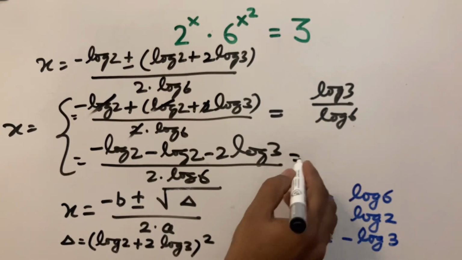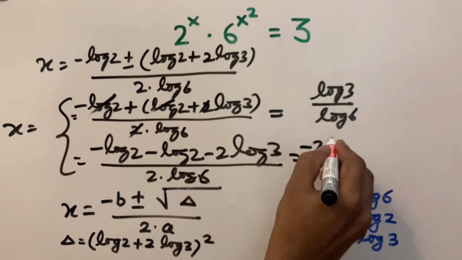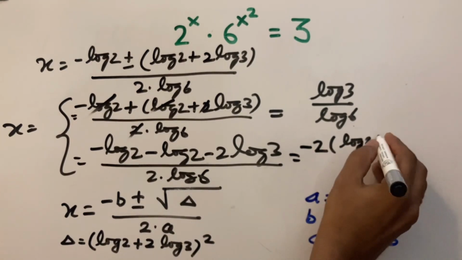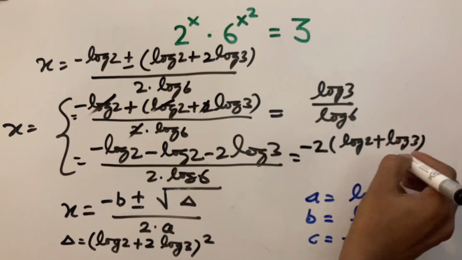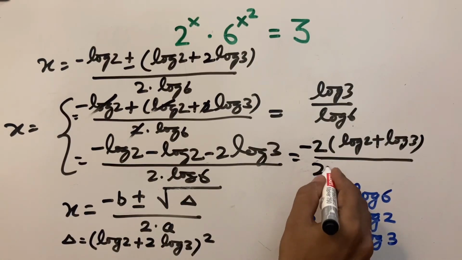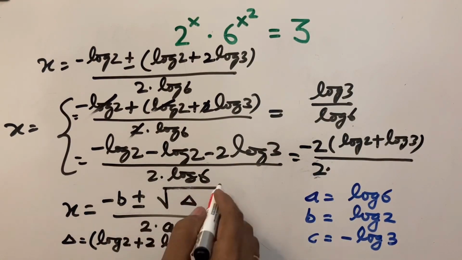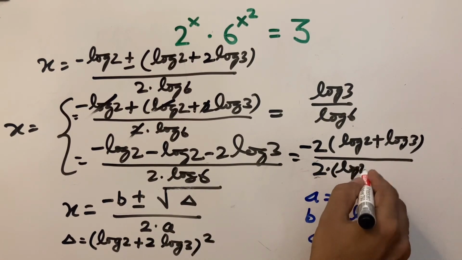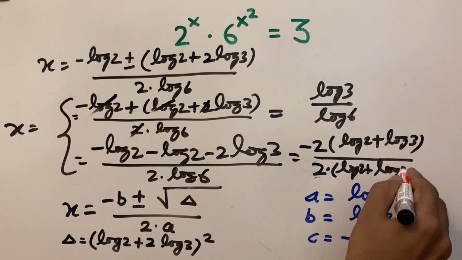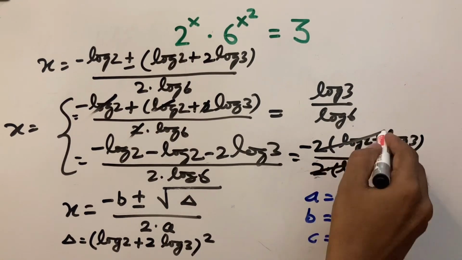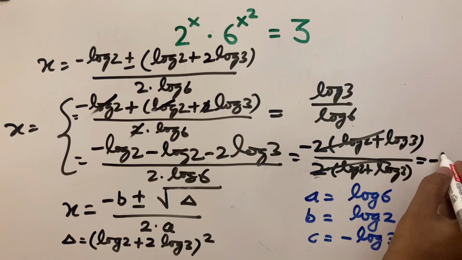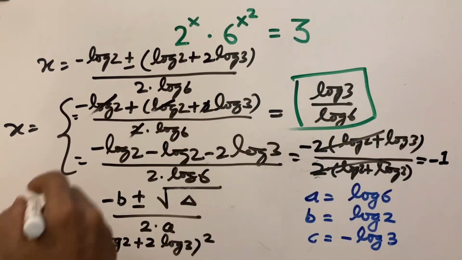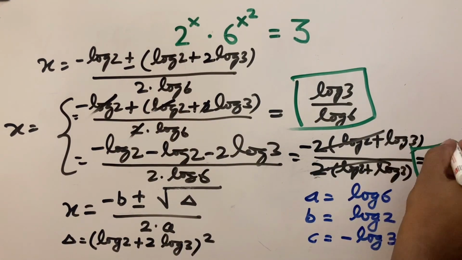And this will be equal to minus 2 bracket log 2 plus log 3 divided by 2 multiplied by log 6, which is also equal to minus 2 times log 2 plus log 3 divided by 2 log 6, so x equals minus 1. So we got two values of x. First is log 3 divided by log 6 and second is minus 1.